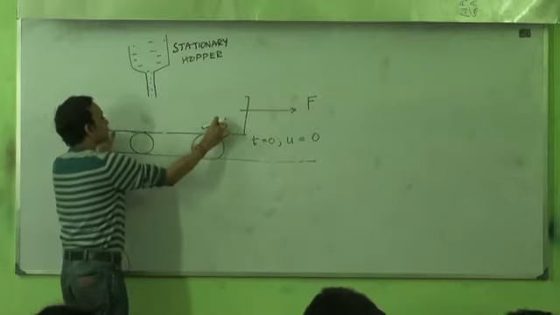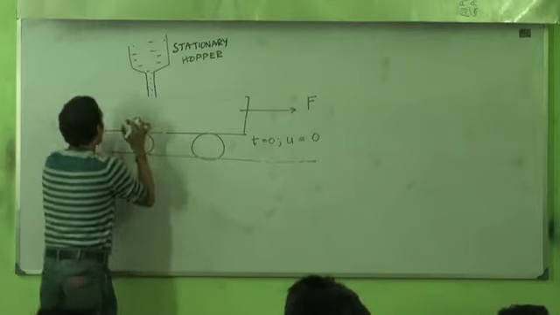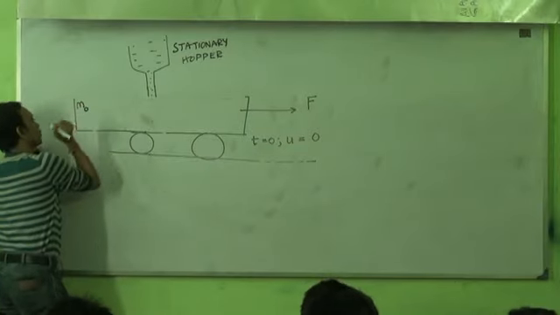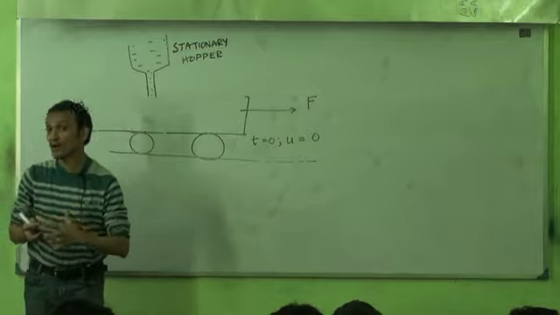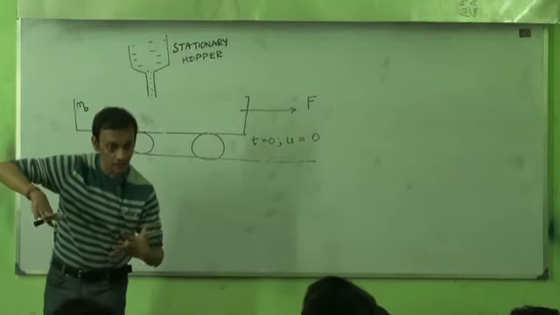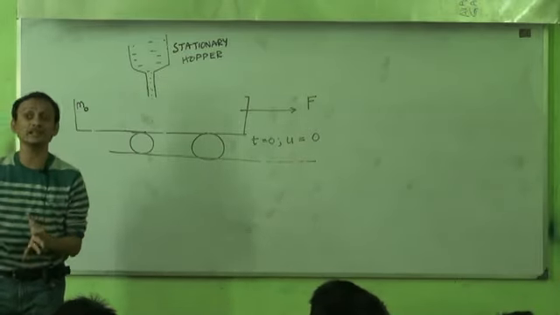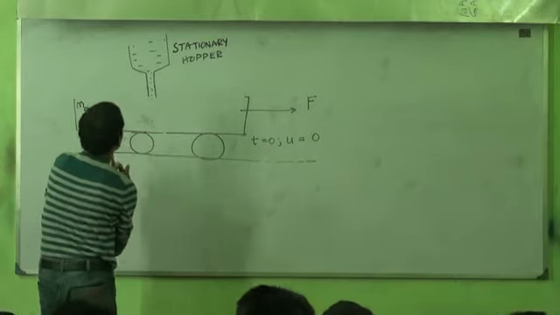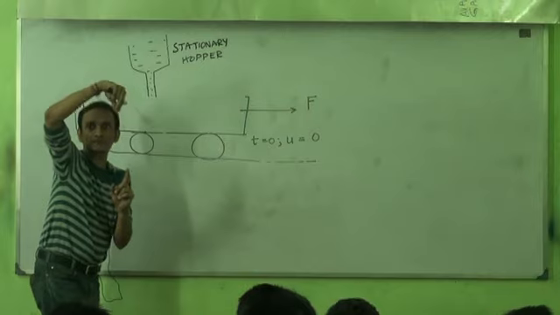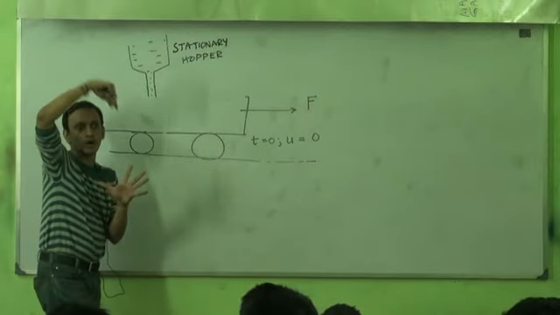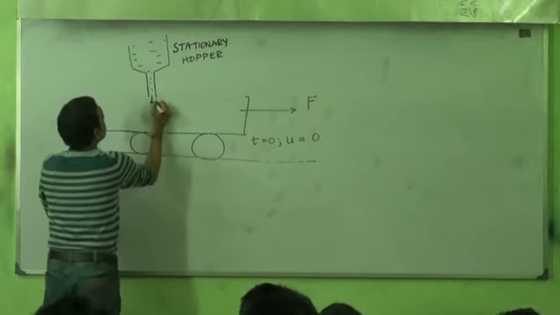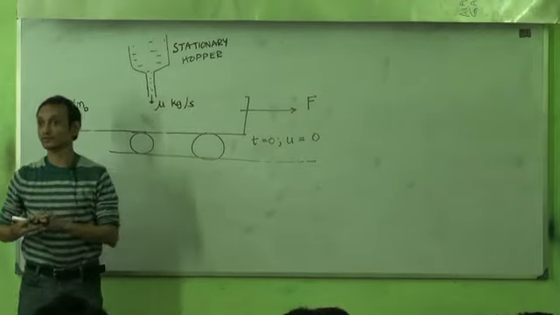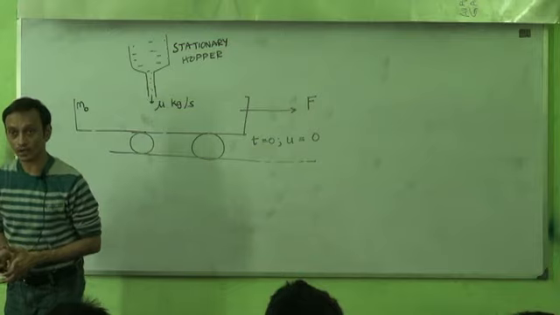The sand then collects here on the trolley. The trolley at time t equal to 0 had a mass m0. And then it was gathering mass because of the sand accumulating in it. It was a system where dm/dt was positive, right? And let's say the rate at which this mass is being ejected out of the hopper is mu kilograms per second, right?